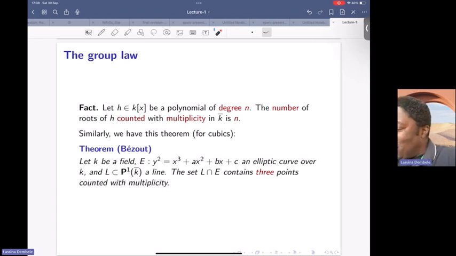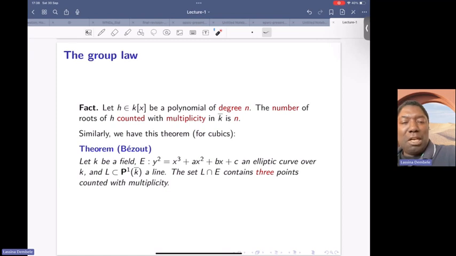So the intuition that I want to give behind the Bezout theorem is the following: we know that if we start with a polynomial of degree n, and we take the roots of that polynomial in the algebraic closure of K, if we count those roots up to multiplicity, the number would be exactly n, which is the degree of our polynomial.